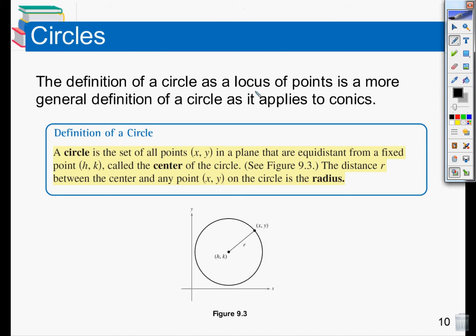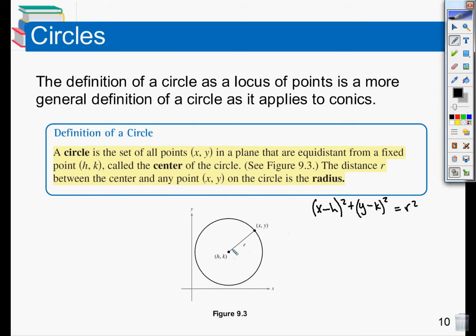The first type of conic that we're going to actually look at is the first example there, which was a circle. Most of you already know, or you should know, the standard form for the equation of a circle. As a reminder, it's (x minus h) squared plus (y minus k) squared equals r squared, where (h, k) is your center point and r is the radius.